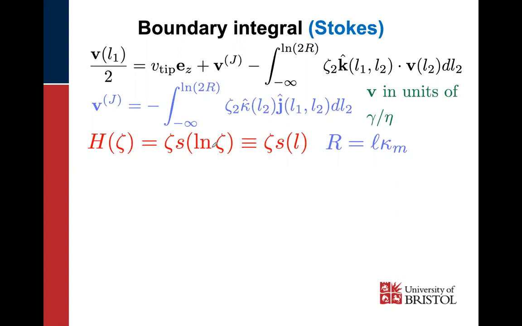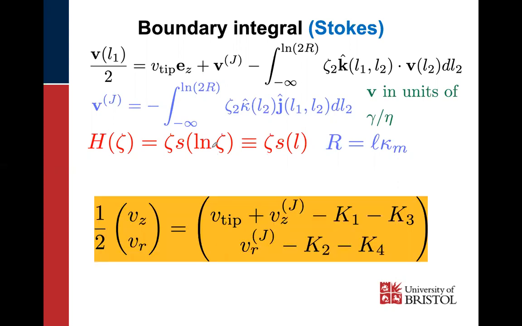So this is the framework. And as I said, using this framework, I've turned everything into a problem with two components, Vz and Vr. And I represent this Vj integral with these two components here. And the second integral is this matrix of k values.